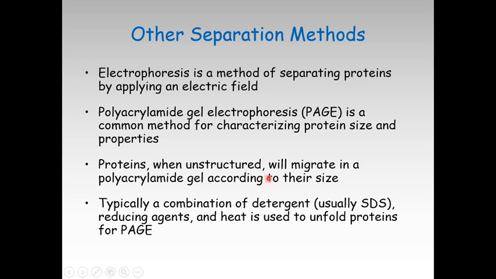Proteins, when unstructured, will migrate in a polyacrylamide gel according to their size. Typically, a combination of detergent, usually sodium dodecyl sulfate, reducing agents, and heat is used to unfold proteins for polyacrylamide gel electrophoresis. I'll talk to you more about this in the next part.